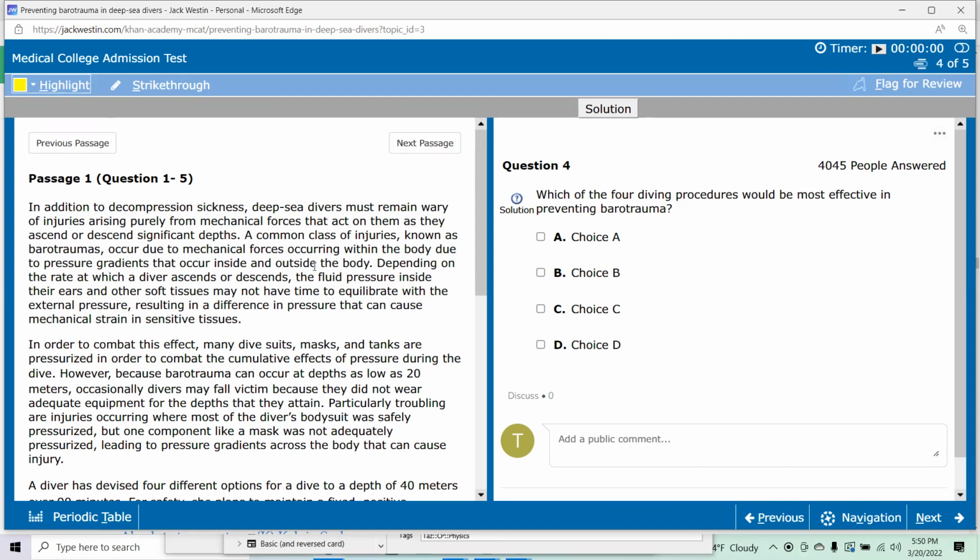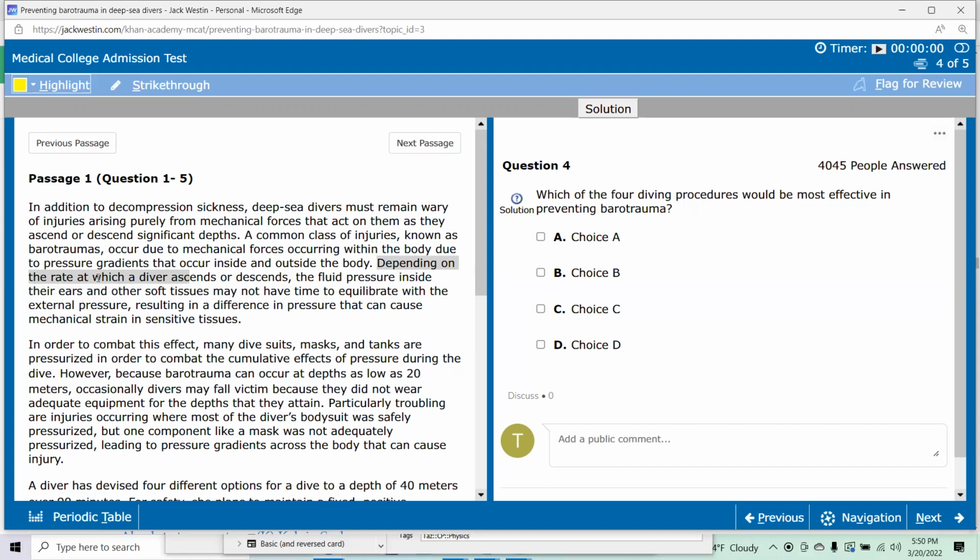What did they talk about? So I will just say the hint here. A common cause of injuries within the body is due to pressure gradients that occur depending on the rate at which a diver ascends or descends, the fluid pressure inside their ears and other soft tissues.